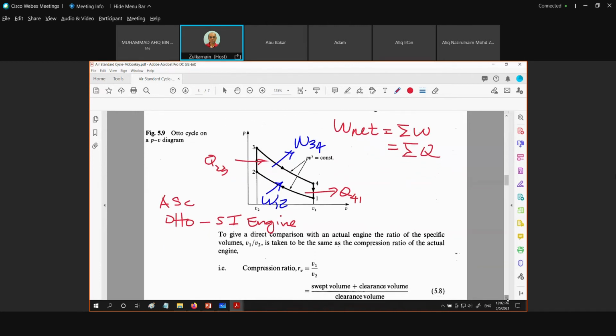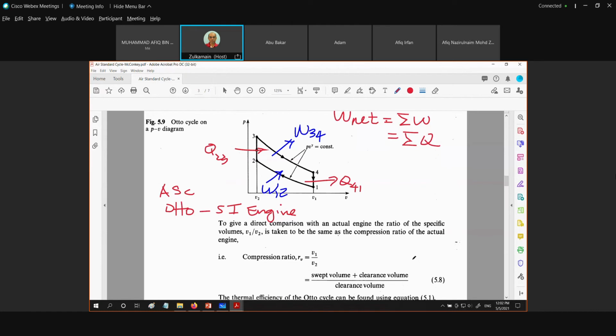We have looked for this. There's one parameter known as the compression ratio. The compression ratio is the ratio of V max divided by the V min. Okay, V max in this case is V1, the V min is V2. And this is equal to the swept volume plus the clearance volume divided by the clearance volume.